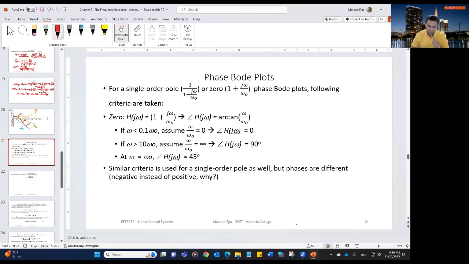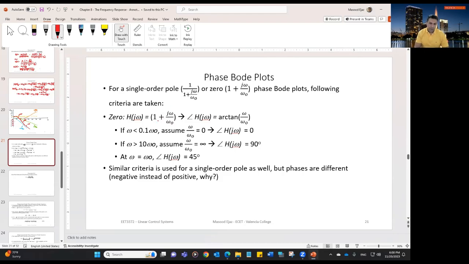So once again, what are the approximations for the phase Bode plot? If you have a single order pole or single order zero, your phase Bode plot for the zero, remember the magnitude for this is going to be the square root of 1 plus omega over omega naught squared, and the phase of this is going to be arctan of imaginary part over real part.